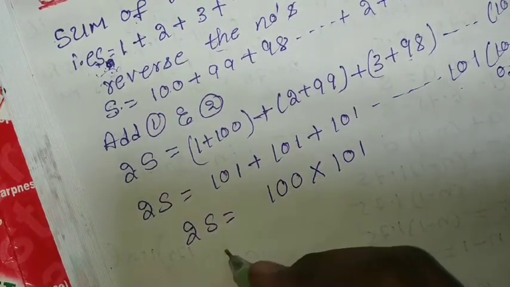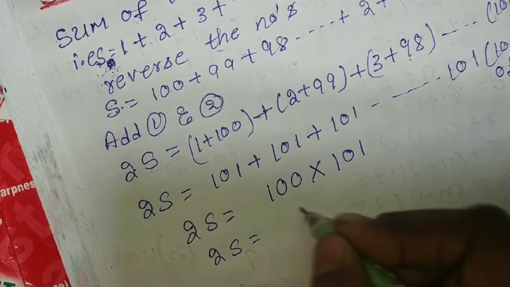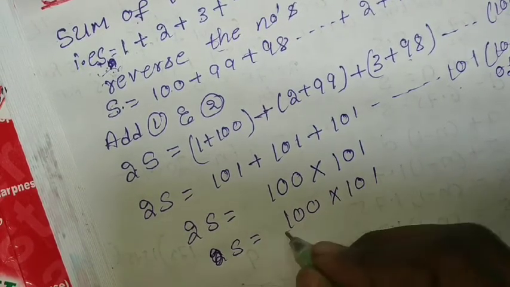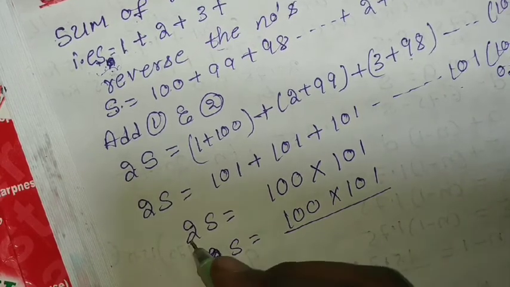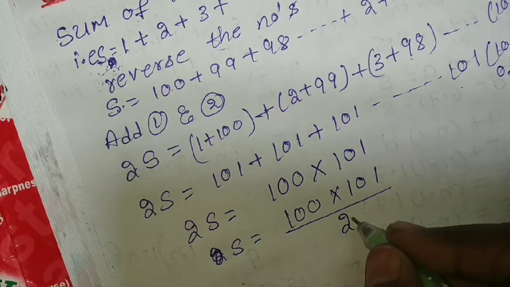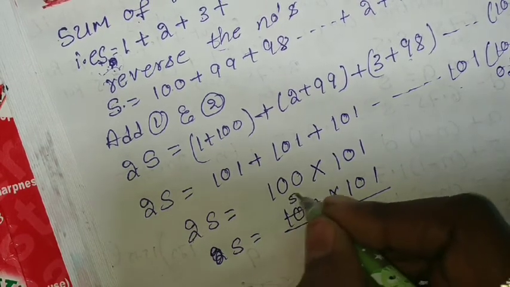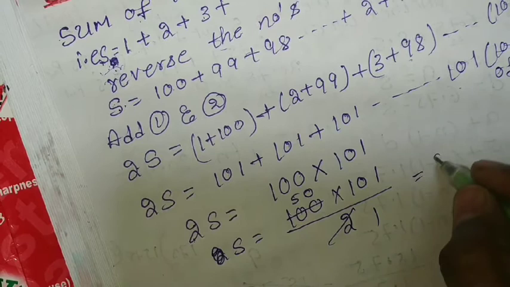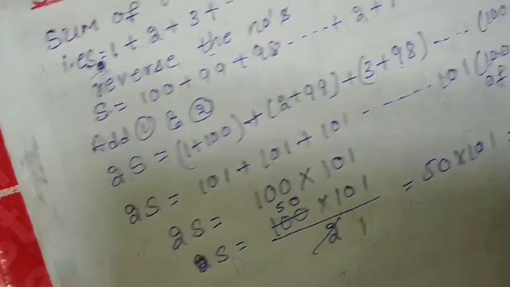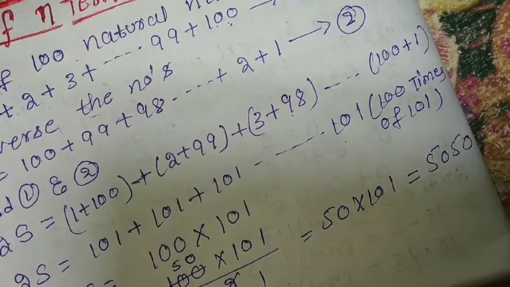So 2S is equal to 100 into 101, so S is equal to 100 into 101 divided by 2. These will be divided by 2: 2 ones are 2, 2 fives are 10, so we get 50. Multiply 50 into 101. What will our answer be? 5050.